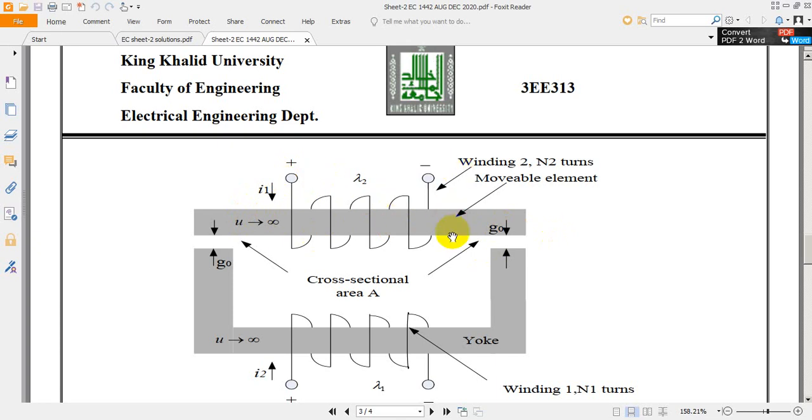This can be moved up and down such that when we move this movable element, this distance G0 will be the same. If it is 1 centimeter, this will be 1 centimeter. If it is 2 centimeters, this will be 2 centimeters.